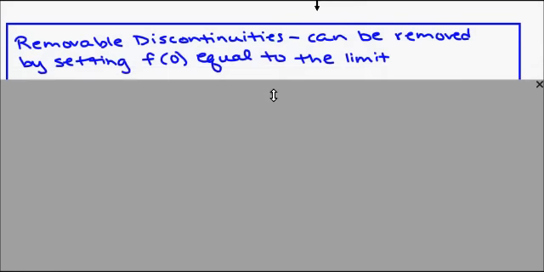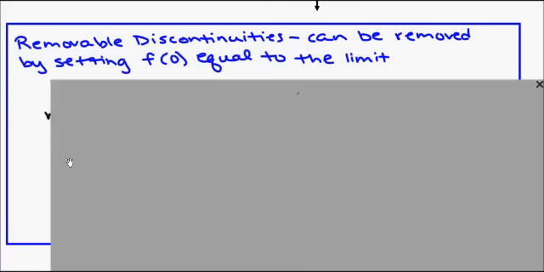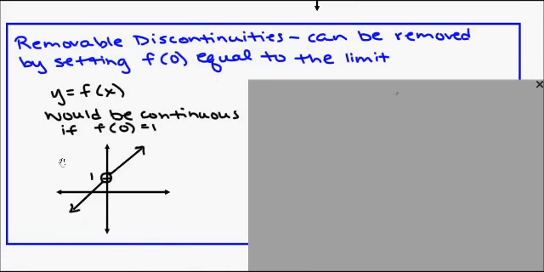Next, I'm going to compare this to removable discontinuities. They are called removable discontinuities because you could take them out pretty simply. All you have to do is, for these two, set f of 0 equal to the limit. You could fill in the holes.